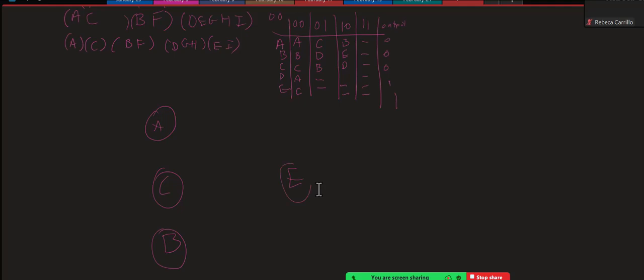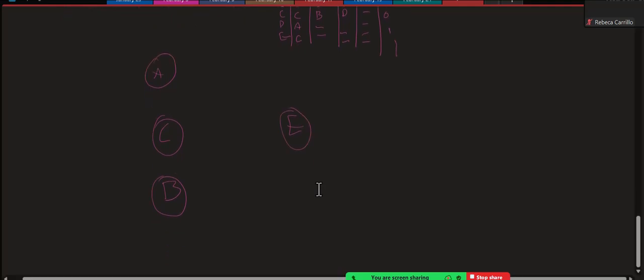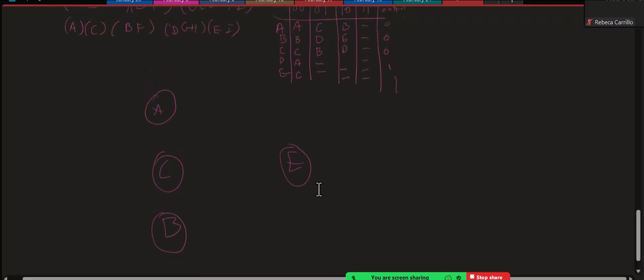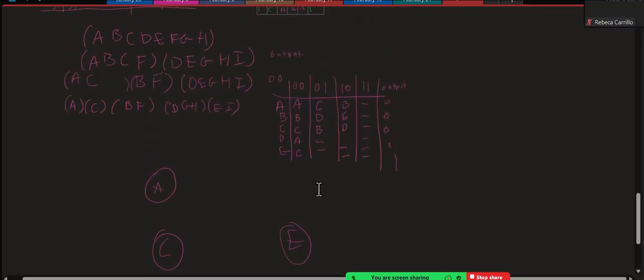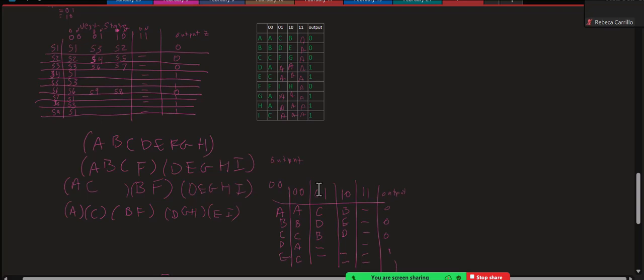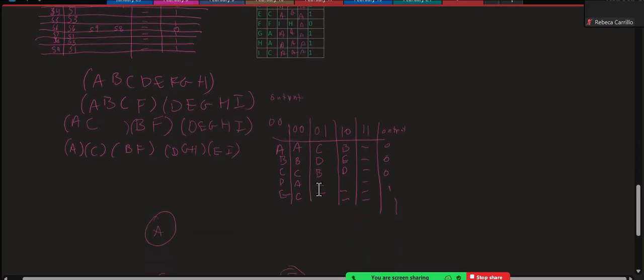So just to recap, the minimization, when you take the partition, you just take the 0, 0 next state column, just that by itself, and then after you go through that, then you go through the next set of inputs, and then the next set of inputs. Yes. Okay.